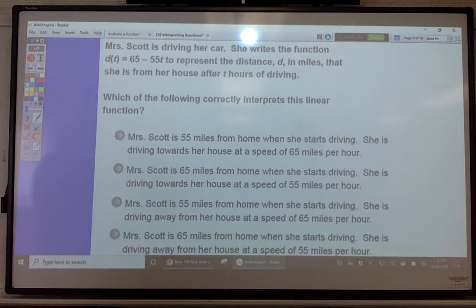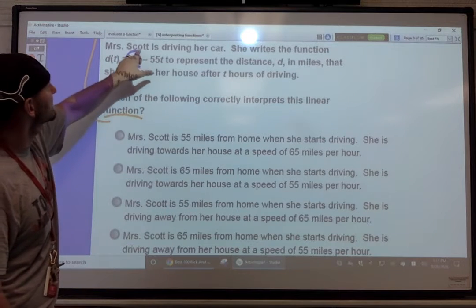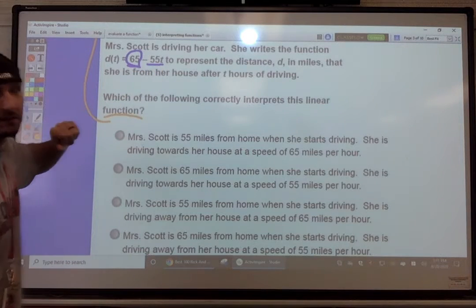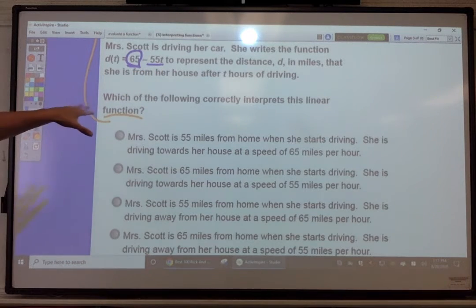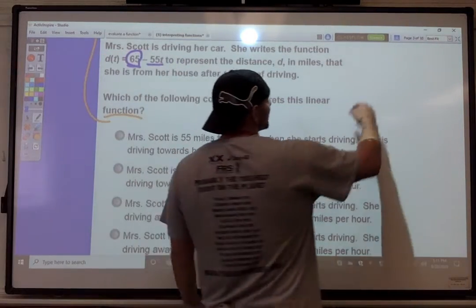Here we go. Read the situation and interpret the linear function. So, there's a y-intercept at 65, and then a minus 55t slope. In this, we're talking about distance in miles that she is from her house. So if you hadn't figured it out, let's look at it graphically.